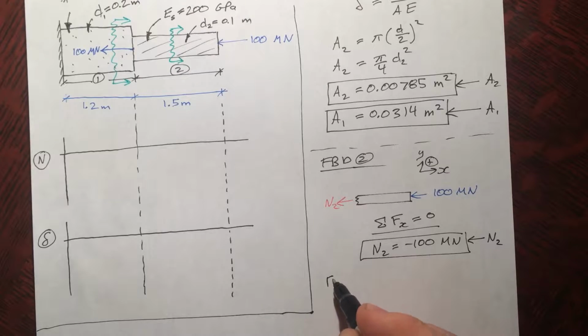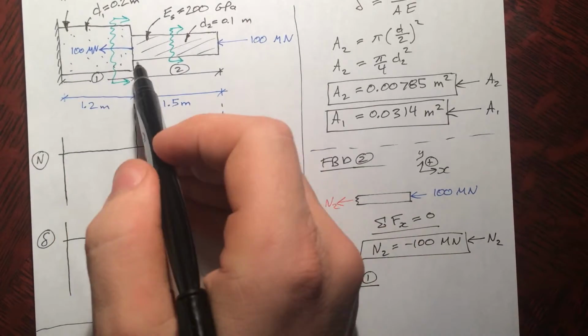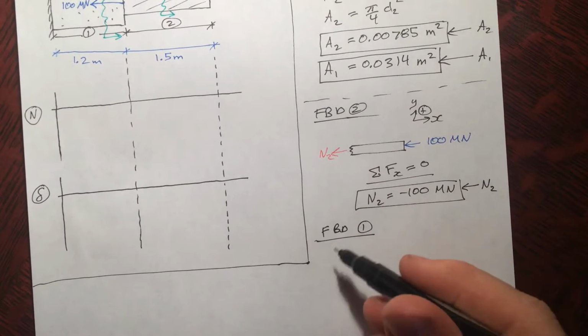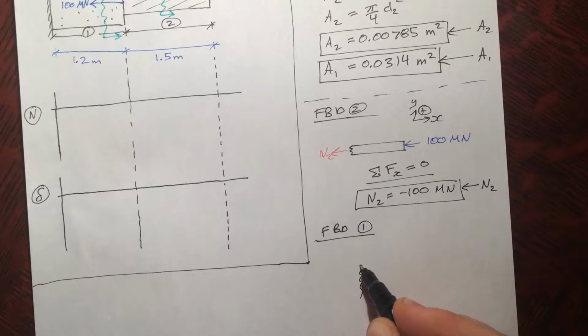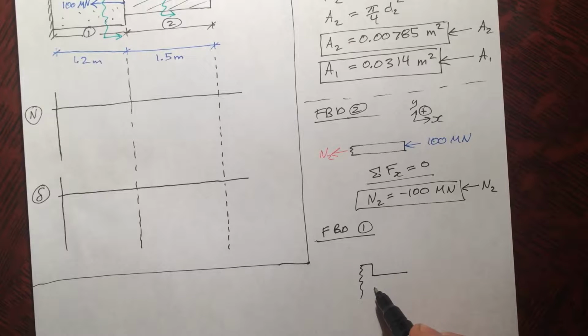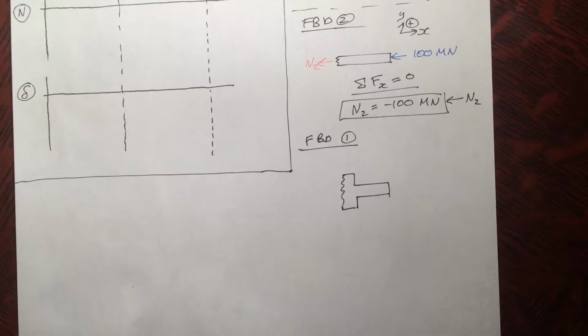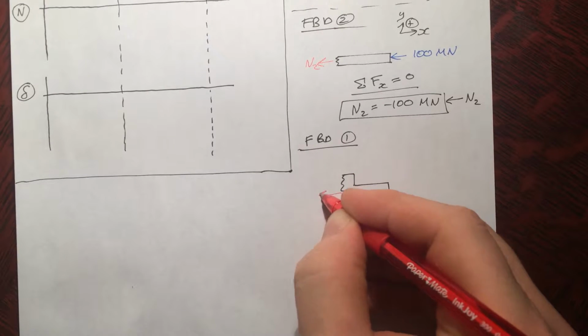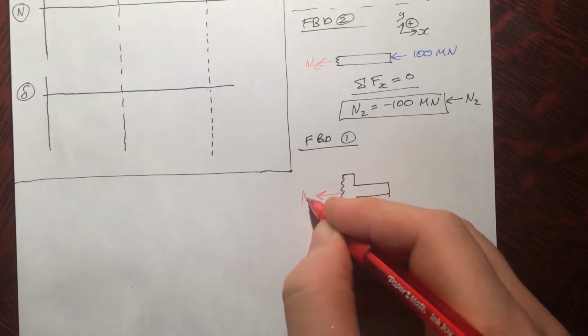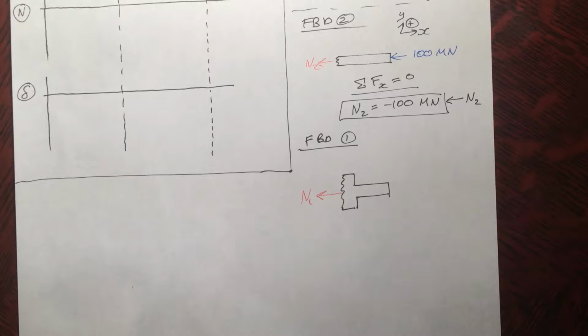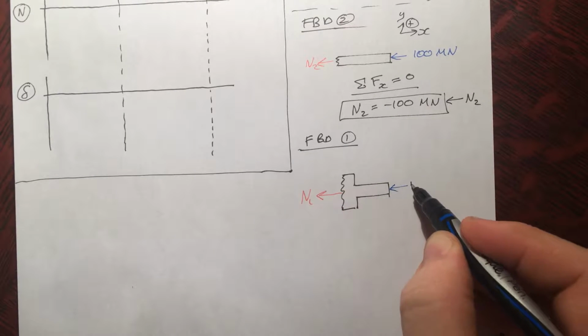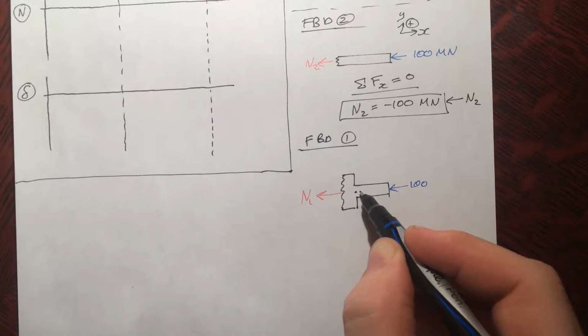Alright, I'll move on to the free body diagram of the first section here, this piece. We've got a cut section like that. We're going to have N1, and we also have 2 other forces here. 100 meganewtons here.